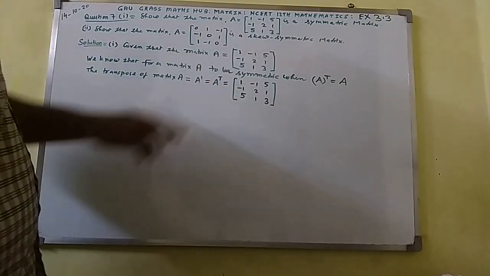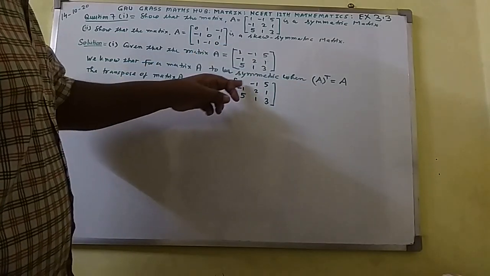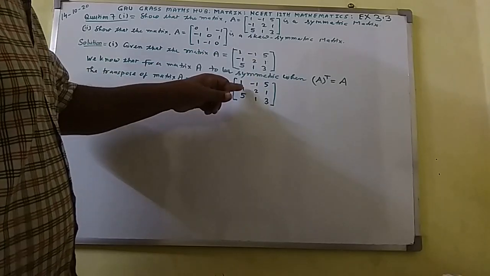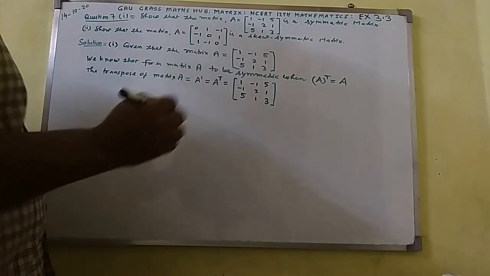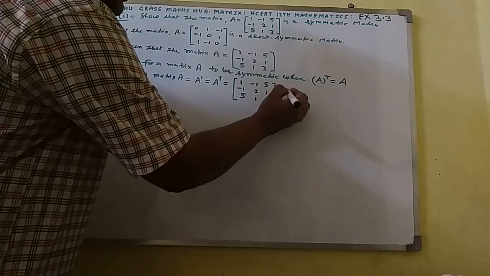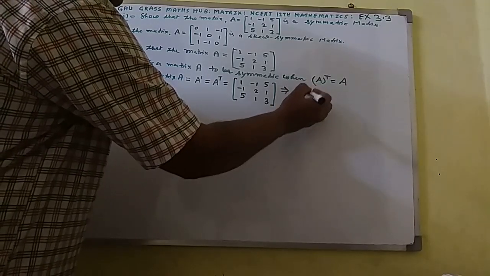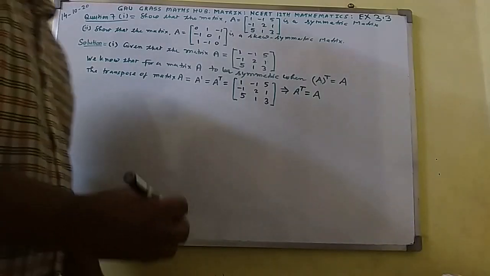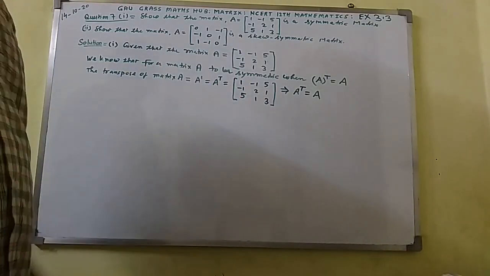Same elements: first row 1 minus 1 5, minus 1 2 1, 5 1 3. So here you can write A raised to power T equal to A.